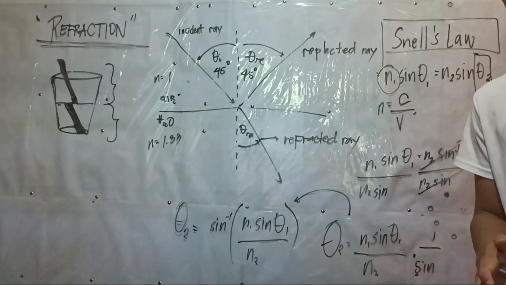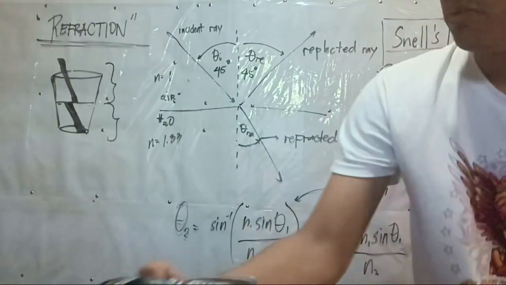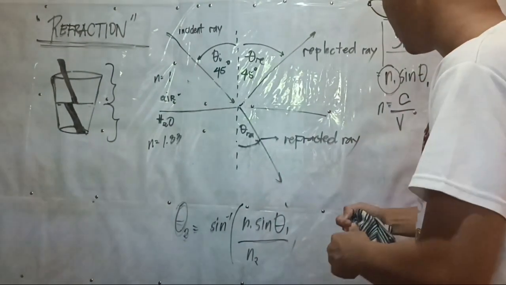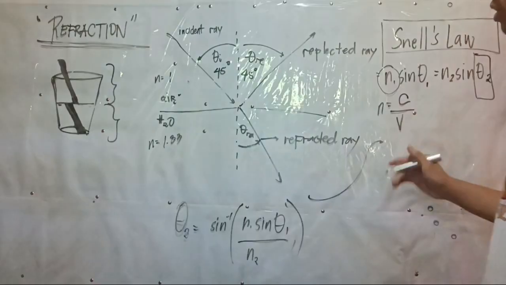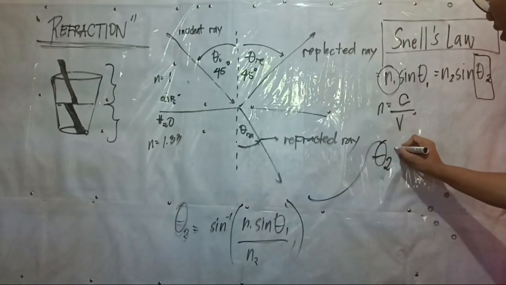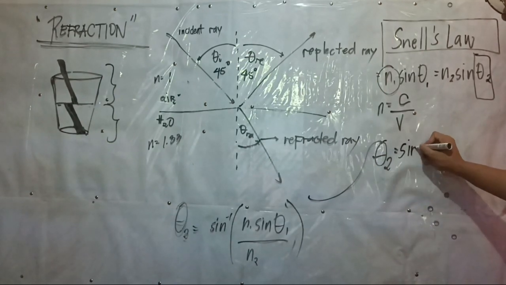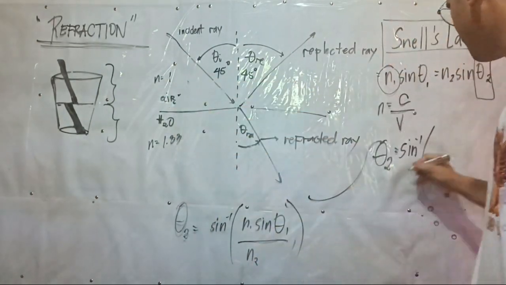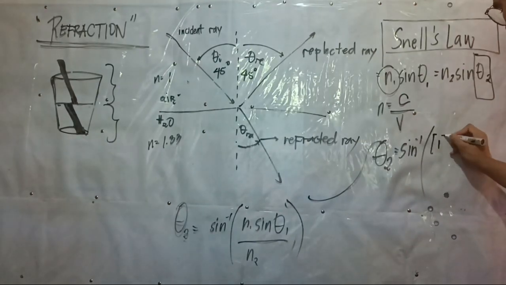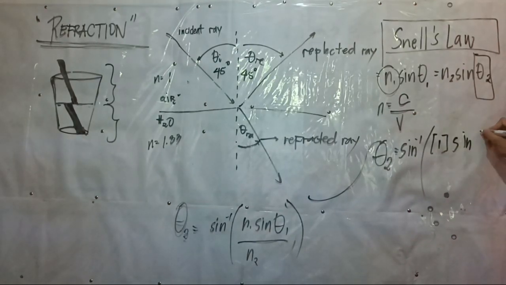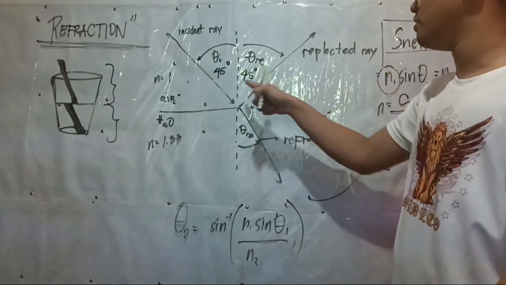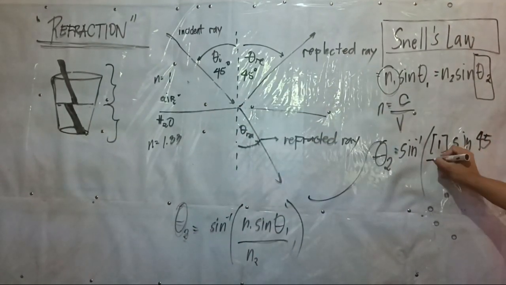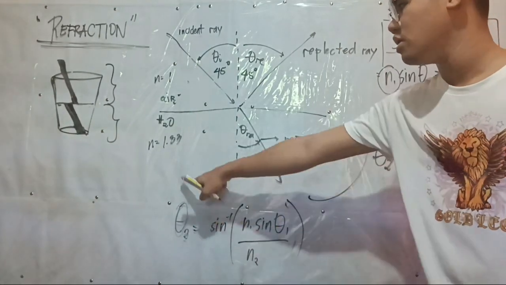So we can now plug in our values. Theta 2, or the angle of refraction, is equal to the inverse sine of N1, which is approximately 1, times sine 45, our theta 1, which is our angle of incidence, over N2, which is 1.33.